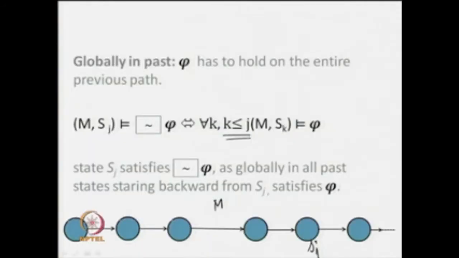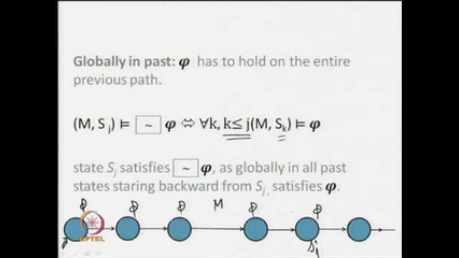We are going to look for all k such that k is less than j, and in all those states S k, phi holds. That means, if I start from this particular state and phi holds in all those states up to S j, then we can say that globally in past phi holds.